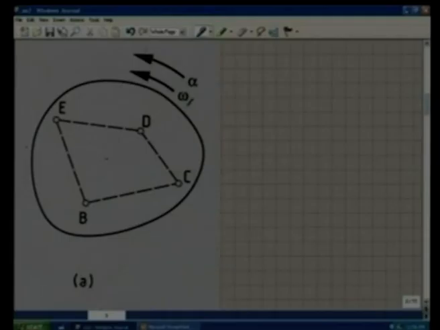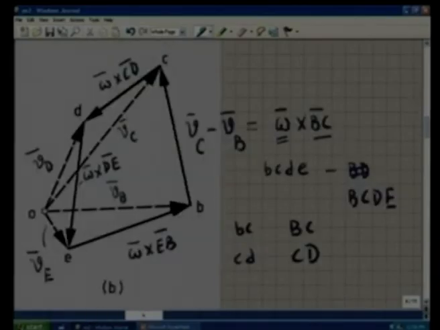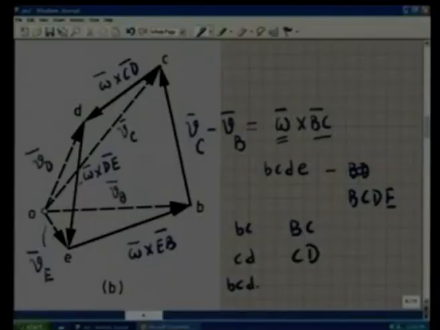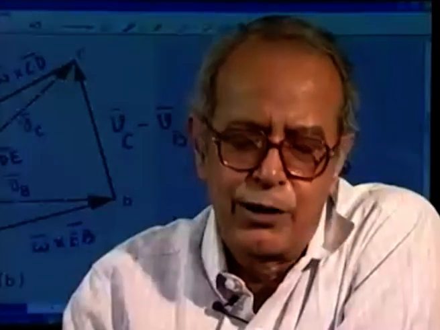So, the velocity image is a scale drawing of the original diagram capital BCDE drawn to a scale and rotated through 90 degree in the sense of omega, and the small bcde is called the velocity image of capital BCDE. So, if we know 2 points of this quadrilateral, say b and c, then I can easily determine the other 2 points d and e by making a scale drawing.